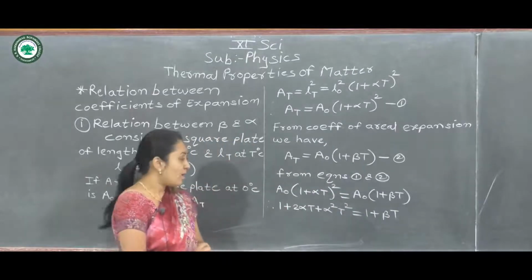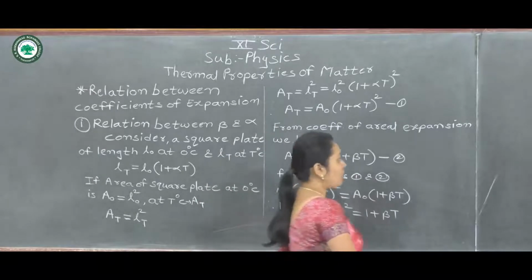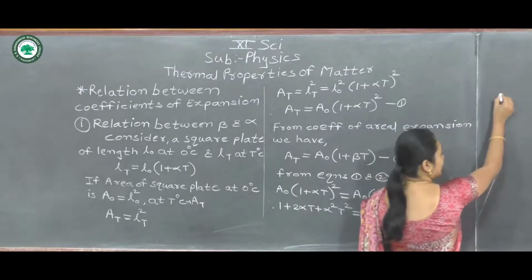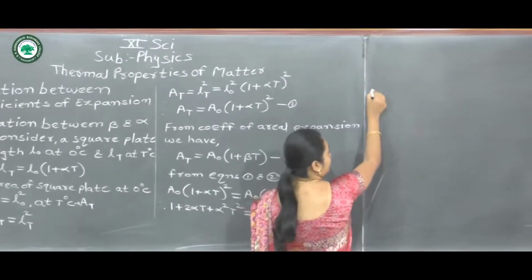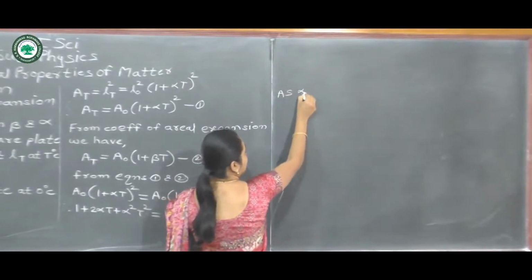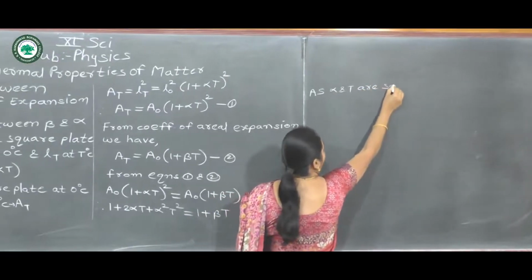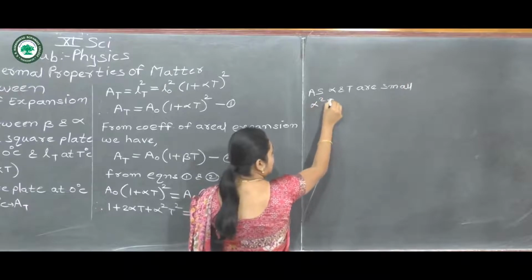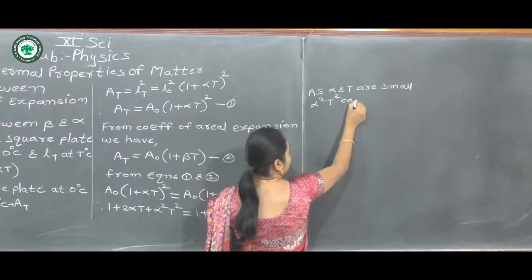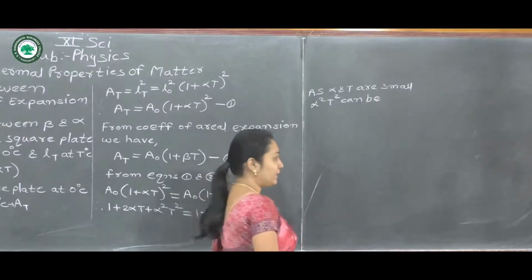But alpha and t are very small, so alpha square t square can be neglected.